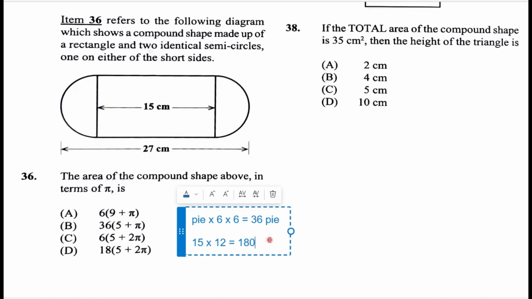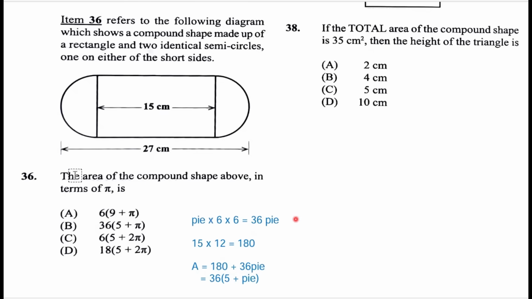Essentially, you'll get 180 add 36 pi. So this one requires a little more work. What can we pull out? Can we pull out 36? 36 is common. 36 into 180 is 5. And 36 into 36 pi remains with pi. Yeah, there you go. So that took a little longer, but we're done there. The answer is B.